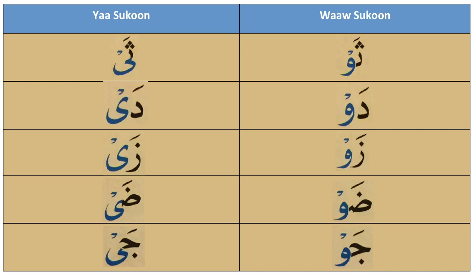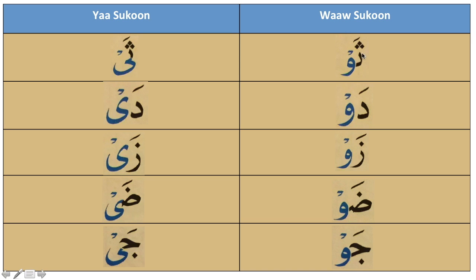So let's do it quickly. In the first column on the right hand side, I have the waaw sukoon example. So we have a maftooha letter followed by a waaw sukoon, and then in the left column we have a maftooha letter followed by a ya sukoon. So the way that this is done is as follows.